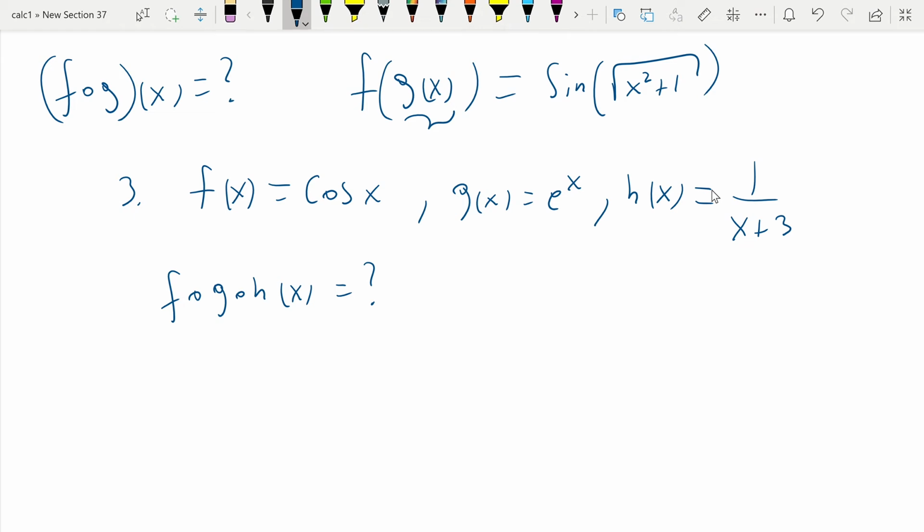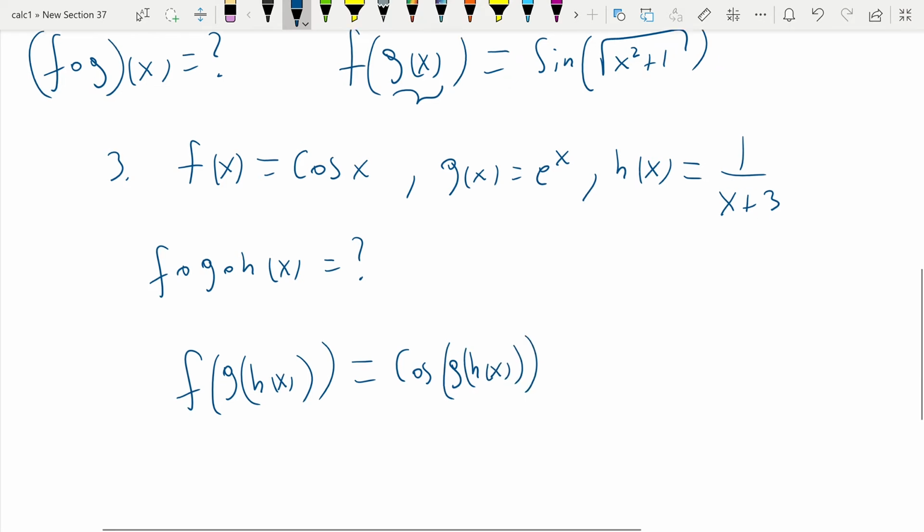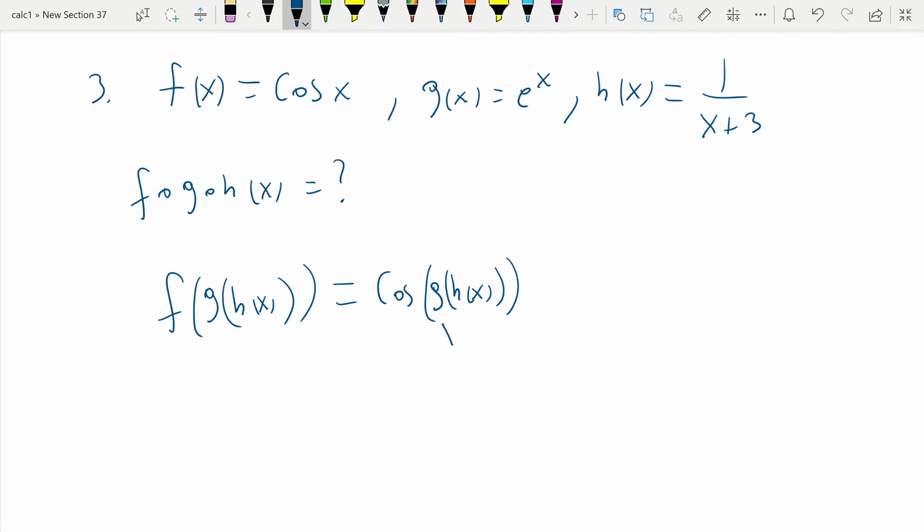Again, we know that we need to compute f evaluated at g, evaluated now at h of x. So we start from f. f is cosine of what's inside, so this would be cosine of g of h of x. And now we can concentrate on g. g of x is e to what's inside the argument of g.